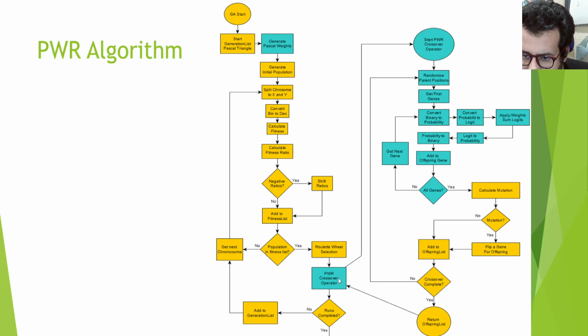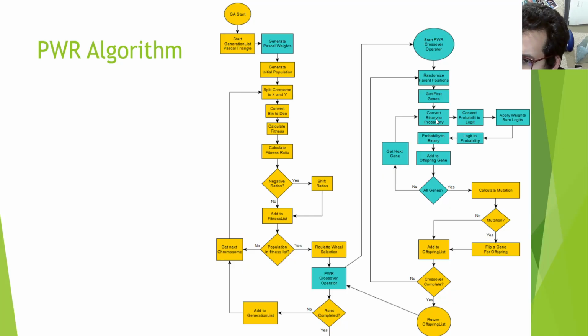So this is essentially what happens here. We are just doing exactly what we described. We're going to randomize the parents' positions. So if there was a list of 3, the 3 are going to be swapped to random order. We will get the first genes or alleles.